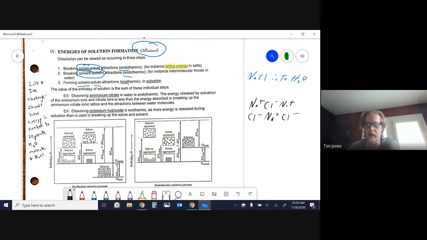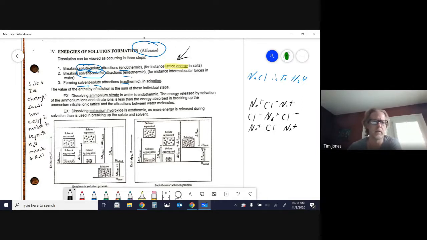And this is referred to as a crystal lattice. And these ions would be going in all three dimensions, but I'm only going to draw it in two dimensions. And because it's this repeating pattern like this, that's the lattice. And there is a certain amount of energy that's holding this together that has to be broken. And that's the lattice energy that's referring to right here.